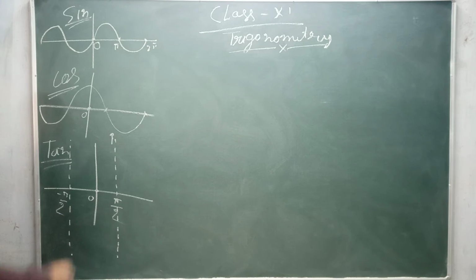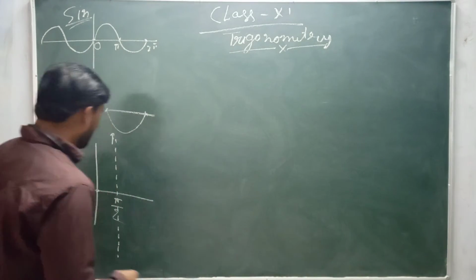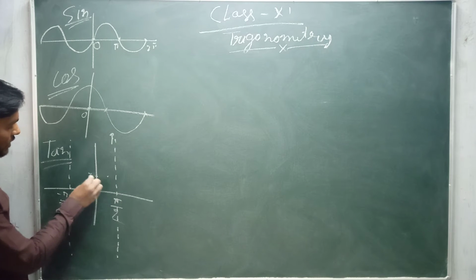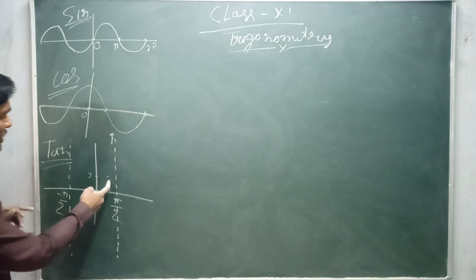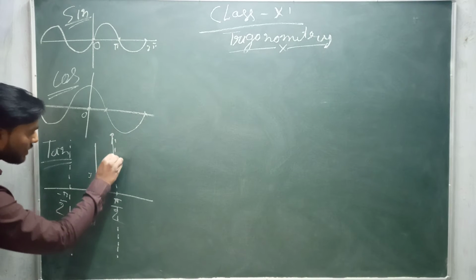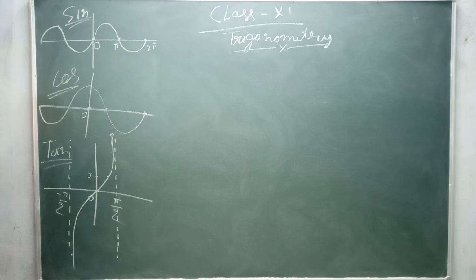Tan 0 value is 0. Now tan 45 value, tan 45 equal to 1. Something like this, 1. Then the graph will be like this. It's the tan graph.